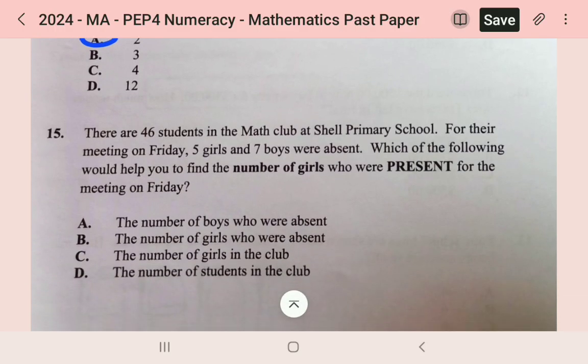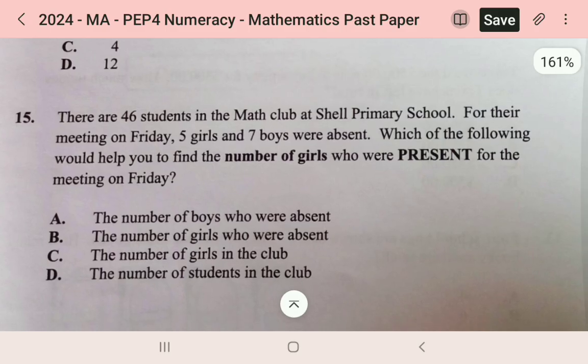Number 15, and we're halfway through the paper. There are 46 students in the math club at Shell Primary School. For their meeting on Friday, 5 girls and 7 boys were absent. I've seen this on a paper already. Not remembering the year, but we did this. Which of the following would help you to find the number of girls who were present for the meeting?